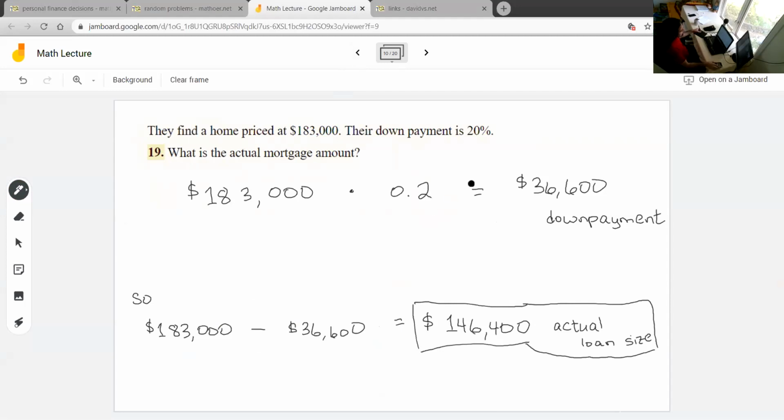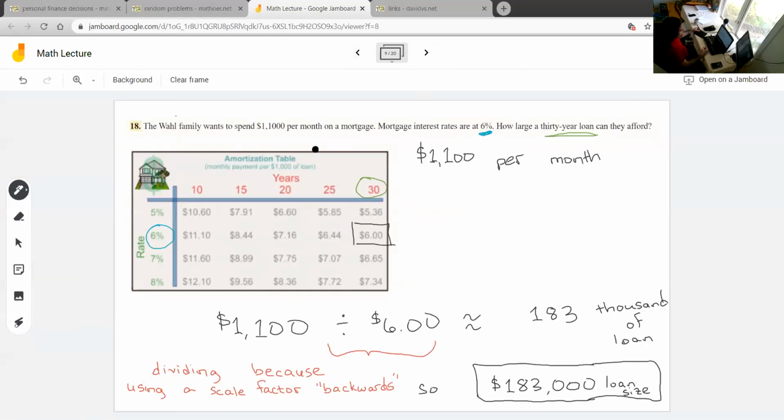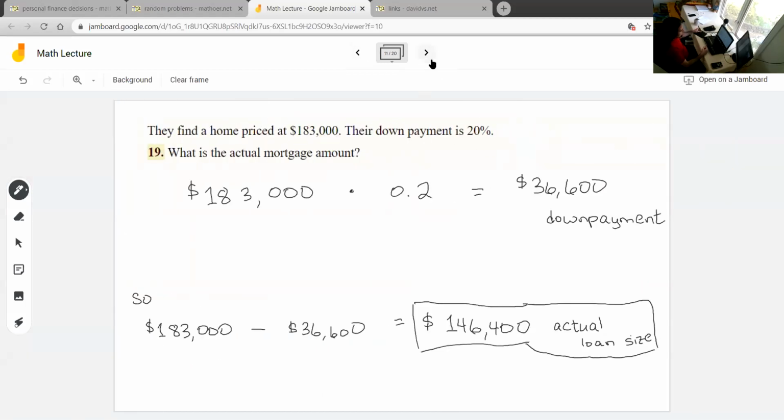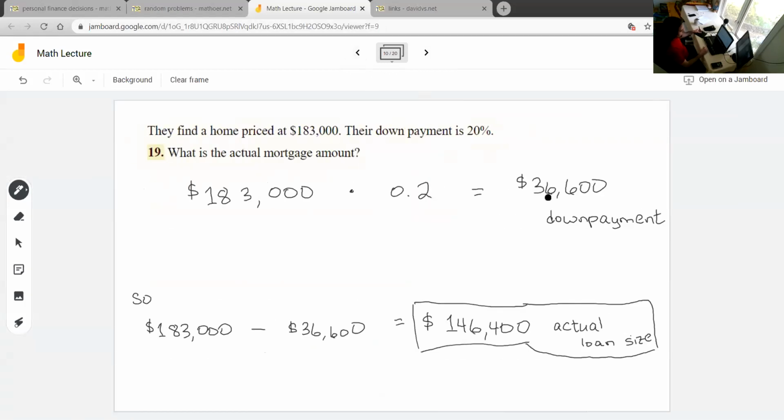Okay, so this is kind of funky. They started by saying they want to spend 1,100 a month. Because of the down payment reducing the size of the loan, they're only paying 878. But in real life, this is good because they probably don't have $36,600 lying around.